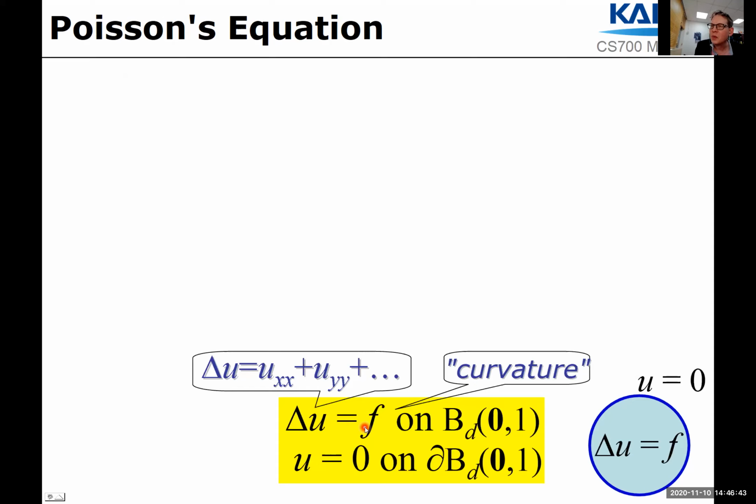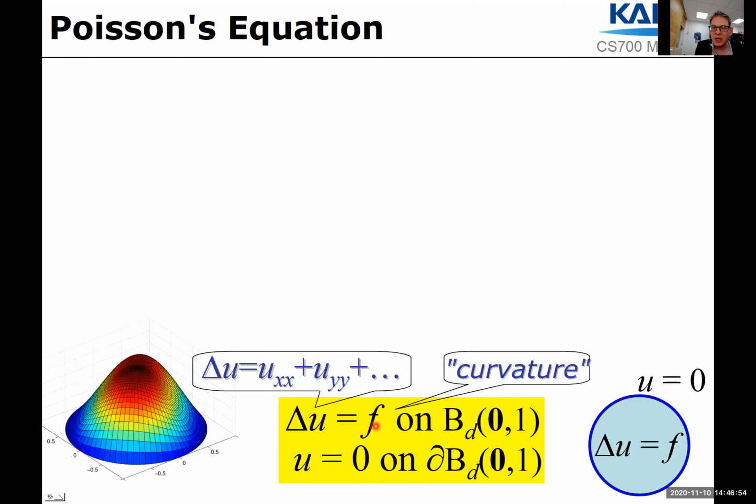Actually, even the question of whether there exists a solution U to any given, let's say, continuous right-hand side is a subtle question. But here, to support your intuition, here's a picture. The solution here vanishes on the boundary, right, because of this boundary condition.